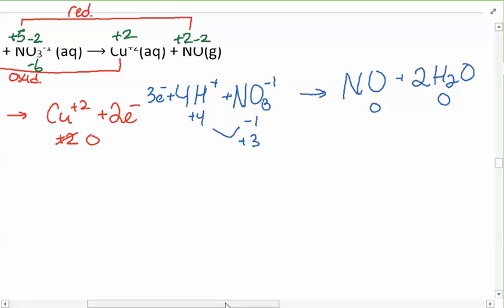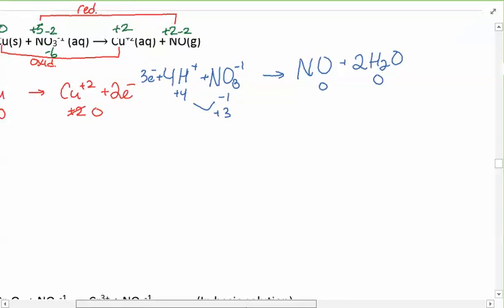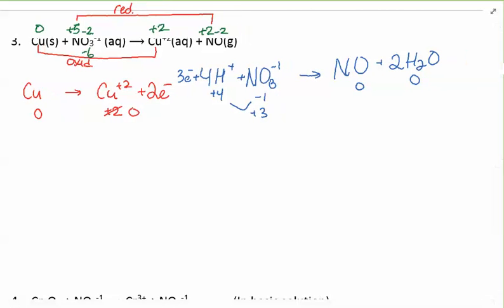Notice if we compare the 2 reactions, we have the same kind of setup. For the copper we have electrons on the product side, and for the nitrogen one, we have electrons on the reactant side. That's good. We want that to happen. Now we have to make our electrons match.